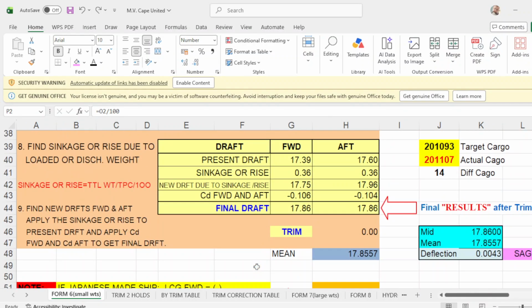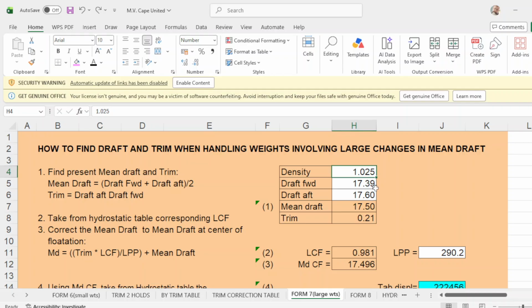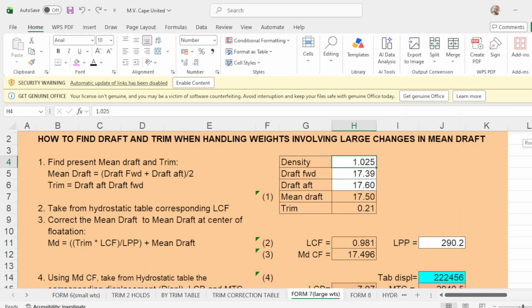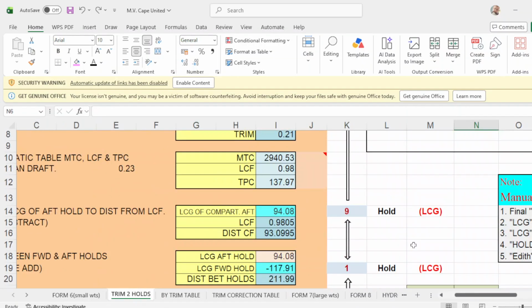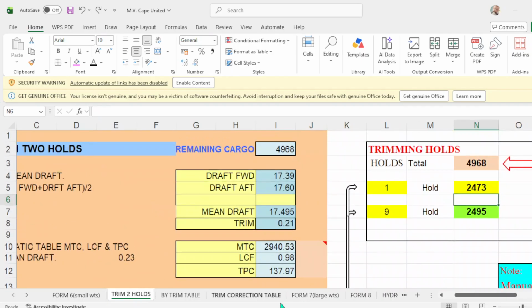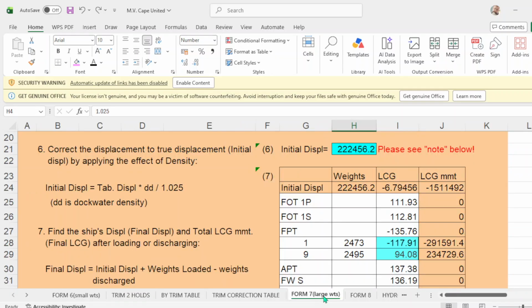And your cargo is 2473 and 2495. Okay, confirm.